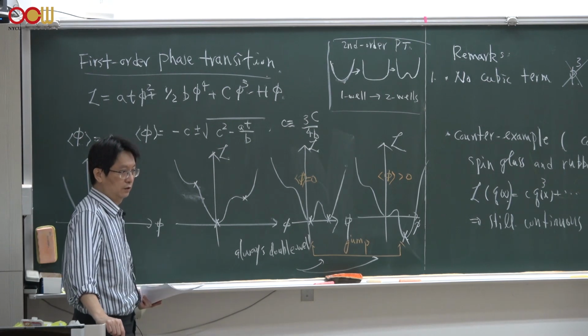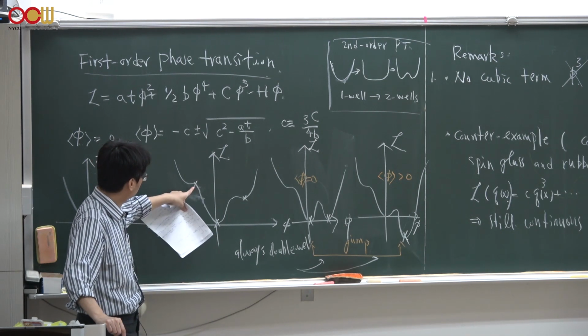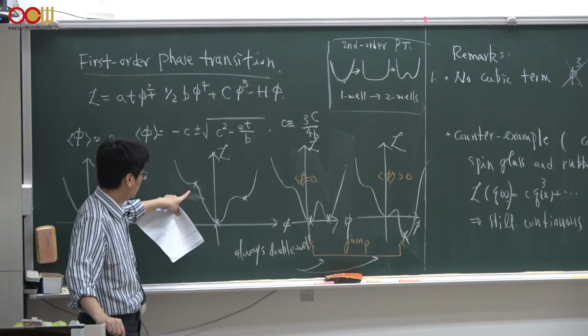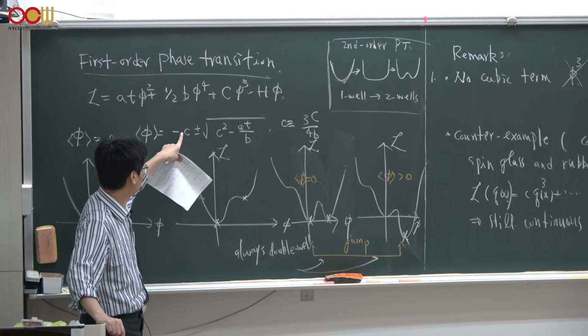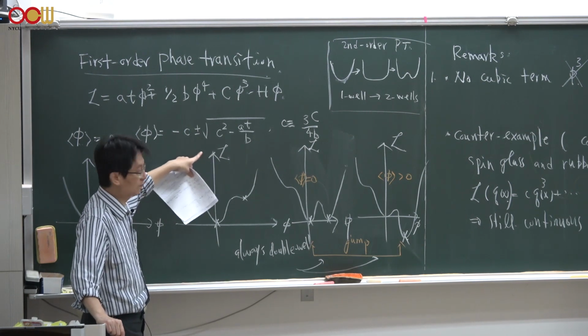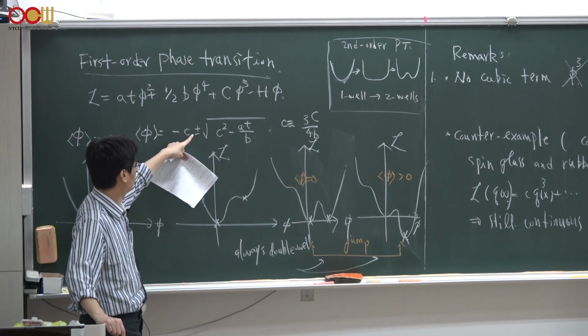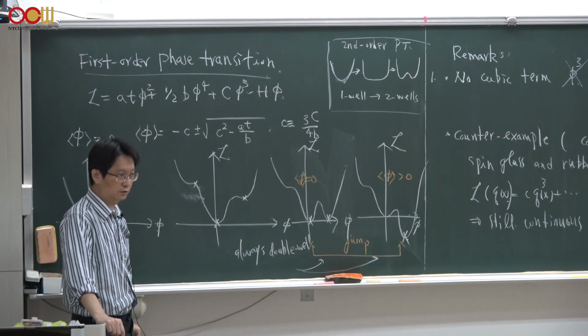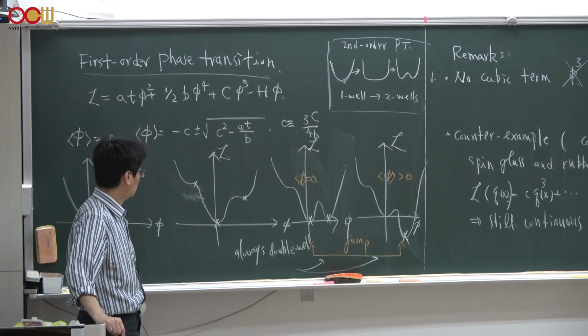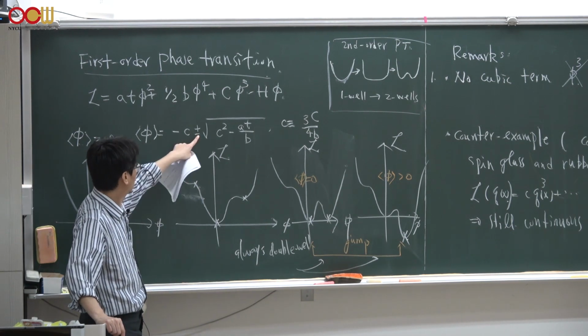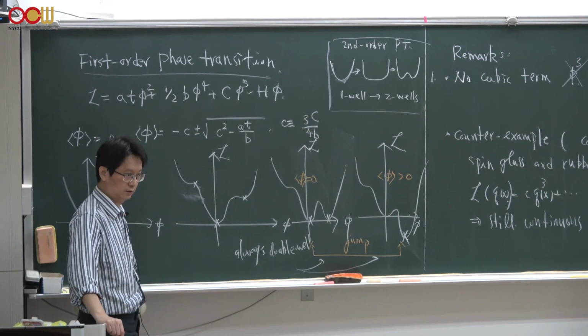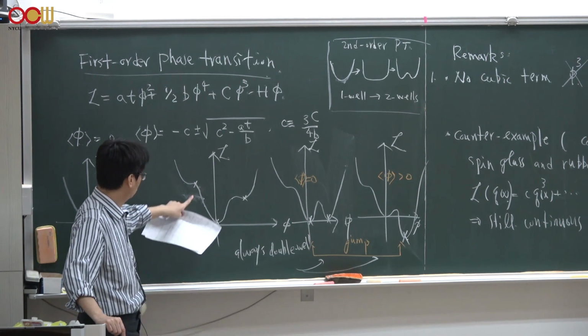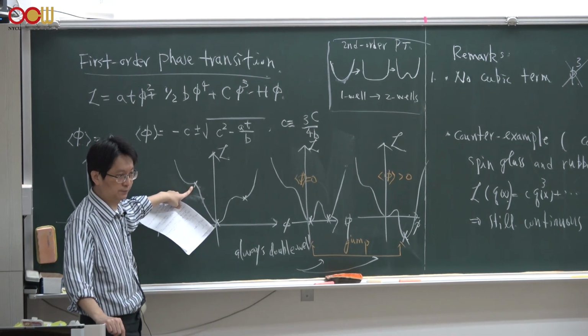So where is the third solution? Well, it is located on the negative side of phi. Remember, this is minus c plus or minus the square root, and we didn't discuss the plus sign, which happens to be on the positive side of phi. But if you take the minus sign in front of the square root, you get another solution there.